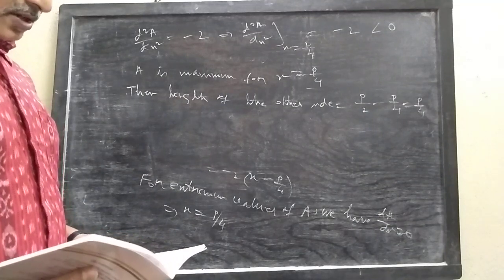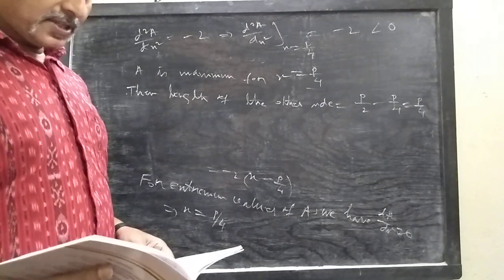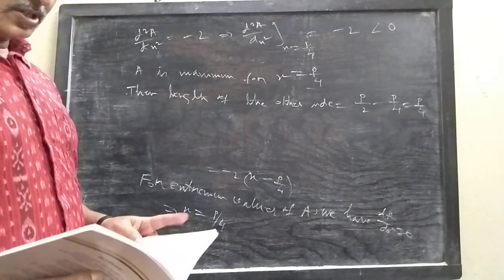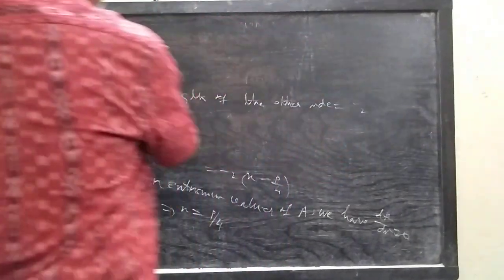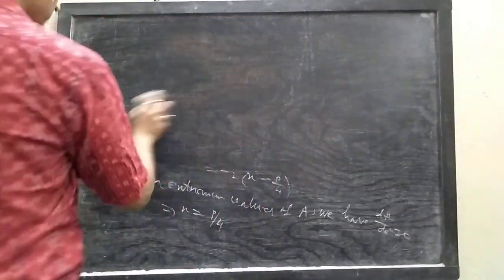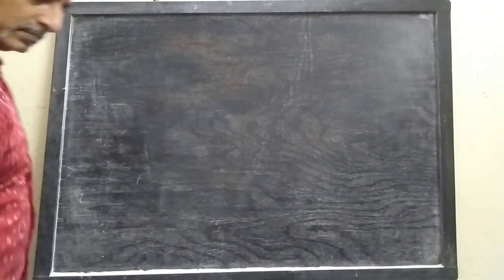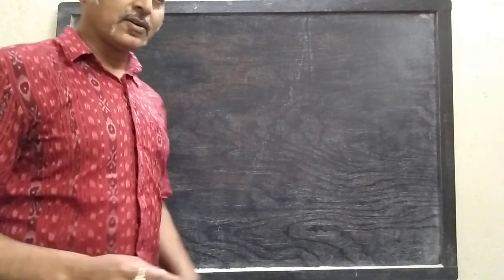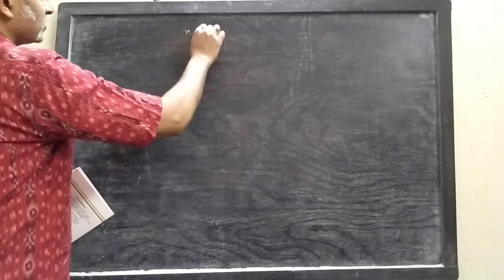Next question: show that of all the rectangles of given area, here the area remains fixed, the square has the smallest perimeter. So suppose the area of a rectangle be A square units, where A is constant, and let one side of the rectangle be of length x units.